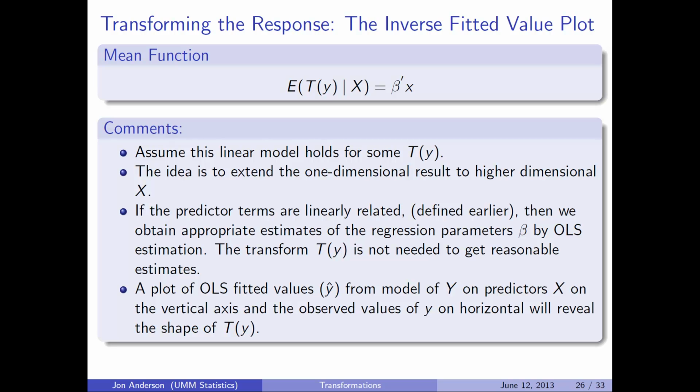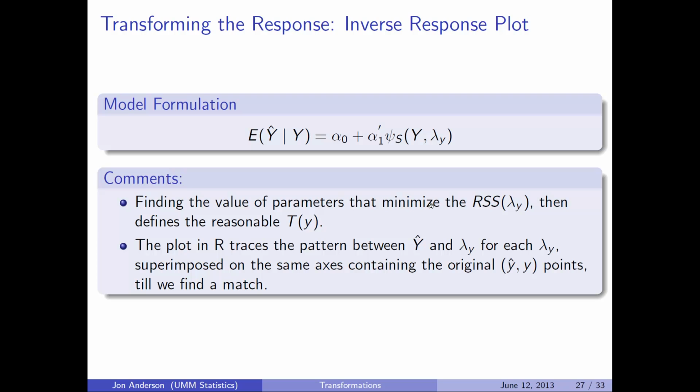It turns out that the shape of that plot is in fact the shape of the function t that is needed to get a linear model. And so this is what we're going to be doing.